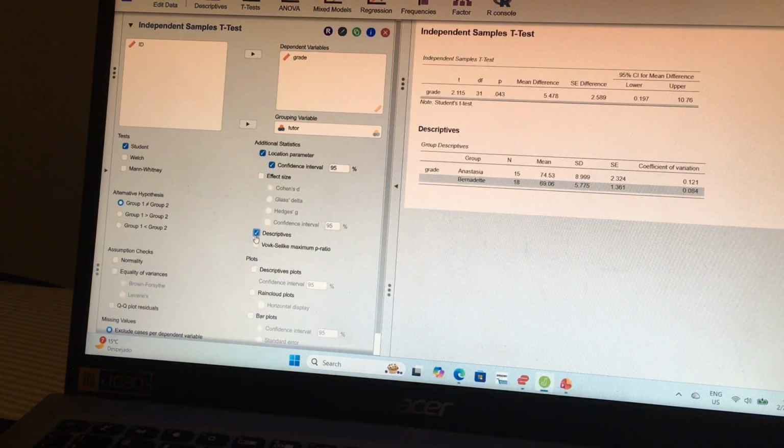A student's independent samples t-test showed us that this 5.4 point difference was statistically significant, which suggests that a genuine difference in learning outcomes has occurred. t(31) equals 2.11, p equals 0.043, 95% CI 0.2, 10.8.